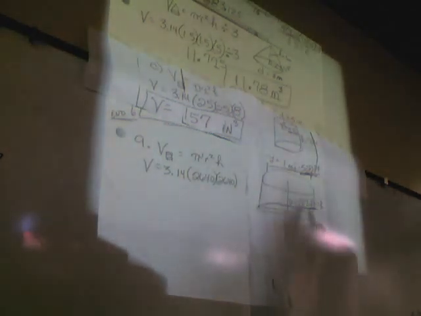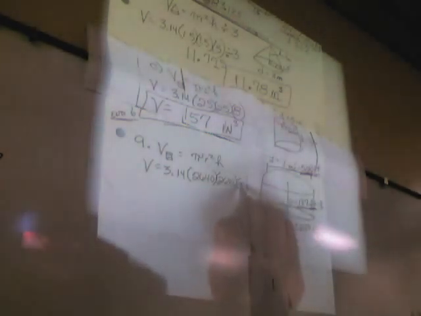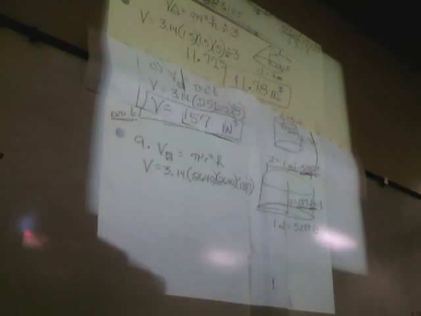And the height is 187. These are all feet. So how many cubic feet of water is there in this? It's a really huge number. There's going to be 10 numbers here, so I don't know if it's going to fit in the calculators.